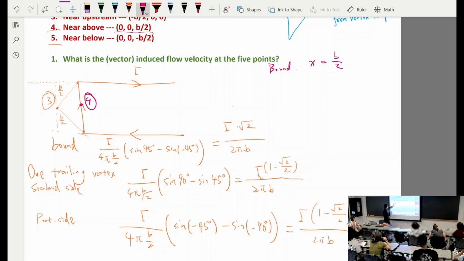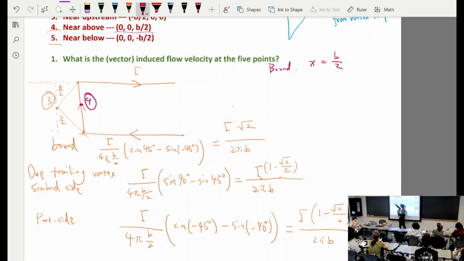From the point of view of the bound vortex, point 4 is basically a 90-degree rotated version of point 3. So the induced velocity has exactly the same magnitude as that one, but what is the direction? Point 4 lies closer to you from the board.